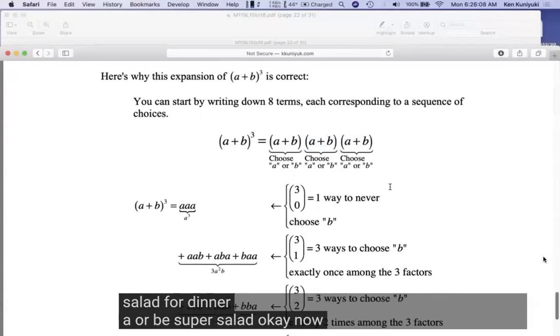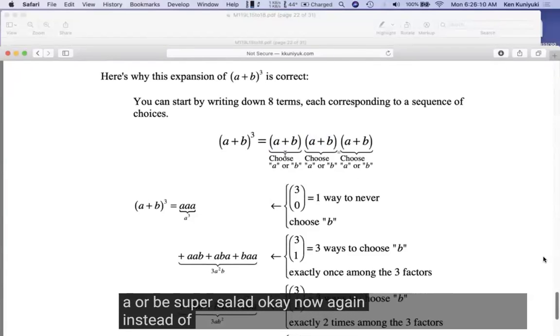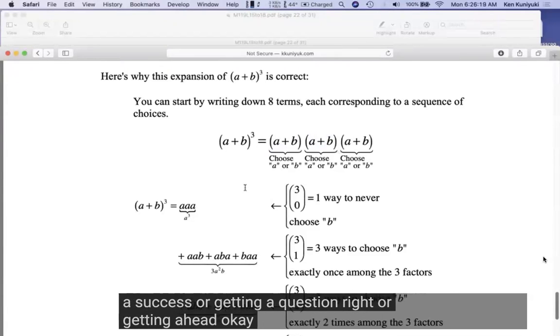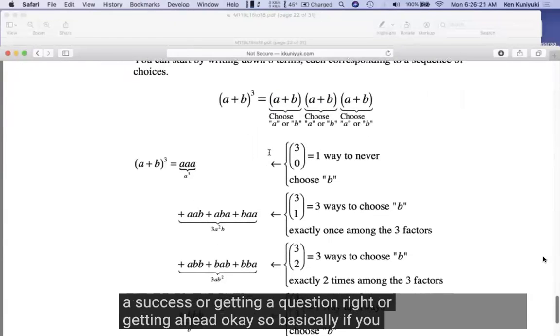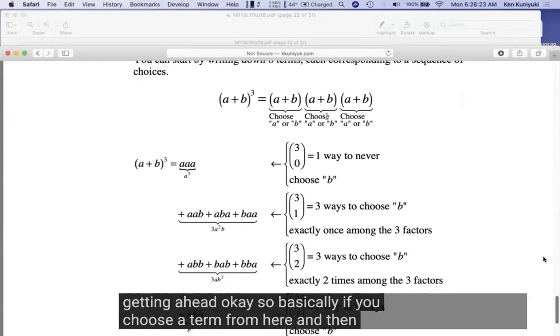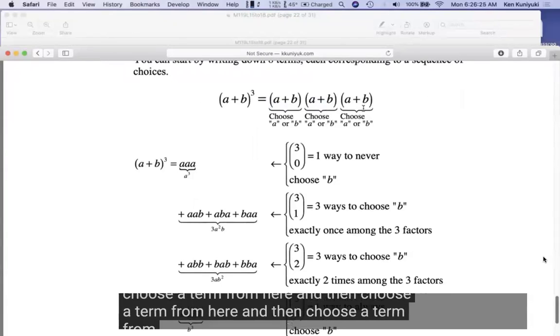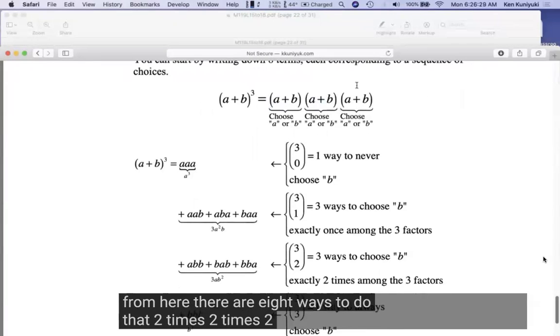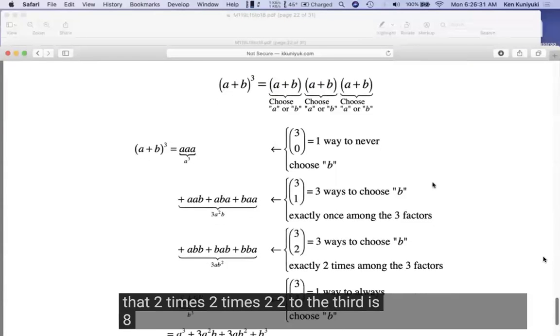Okay, now, again, instead of salad, we can talk about B, or a success, or getting a question right, or getting a head, okay? So basically, if you choose a term from here, and then choose a term from here, and then choose a term from here, there are 8 ways to do that. 2 times 2 times 2. 2 to the third is 8.